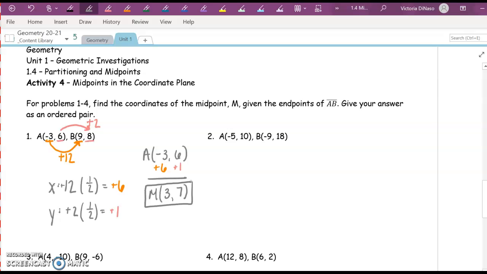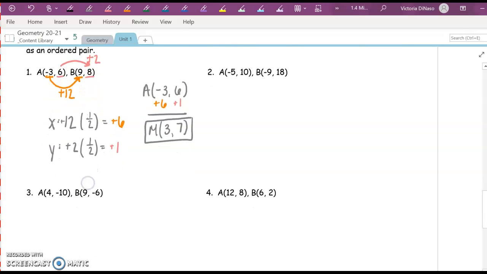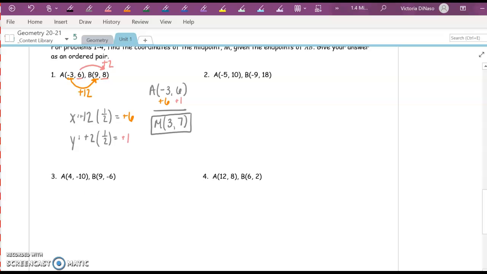We're going to go ahead and do it again. We'll do number 3 next. So once again, I'm going from x to x. So from 4 to 9, I'm going up 5. From -10 to -6, I'm moving up the number line 4.